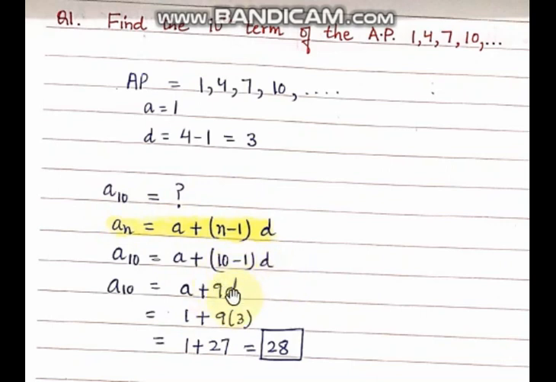So 10 minus 1 is 9. In other words, we can also directly understand this step: if I'm talking about the 10th term, how many jumps? 1 less than 10, that is 9 jumps. So a is 1, d is 3 as given in the question. On simplification, the 10th term comes out to be 28.